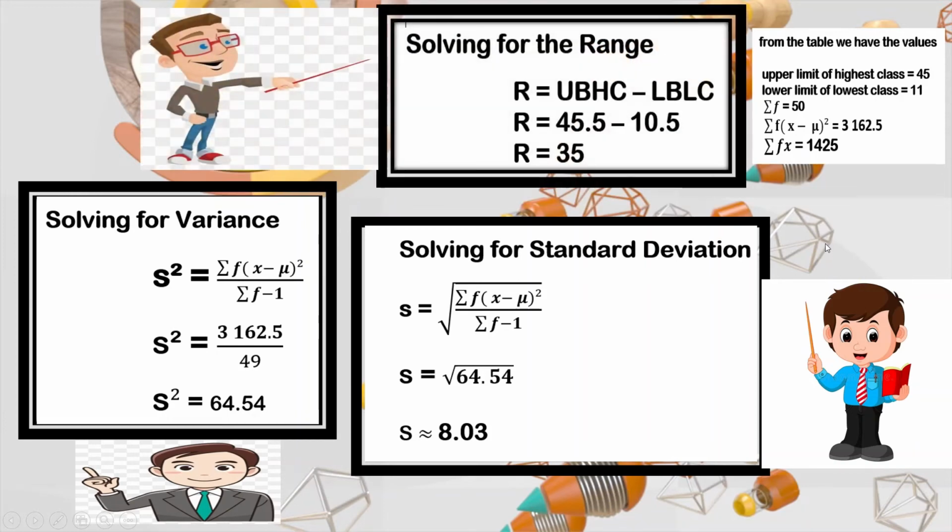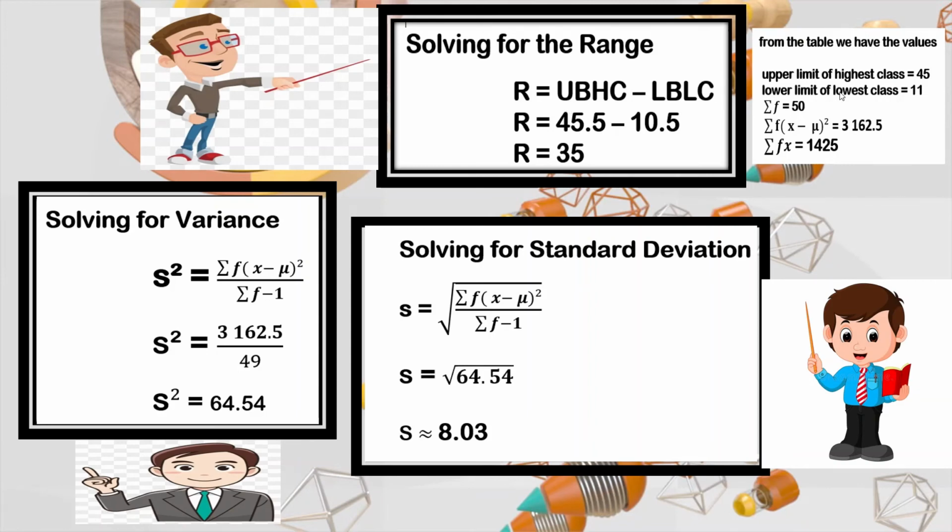Solving for range first, R is equal to UBHC minus LBLC. That means upper boundary of the highest class and lower boundary of the lowest class. As you can see here, the upper limit is 45, so add 0.5 to have the upper boundary, so you have 45.5.